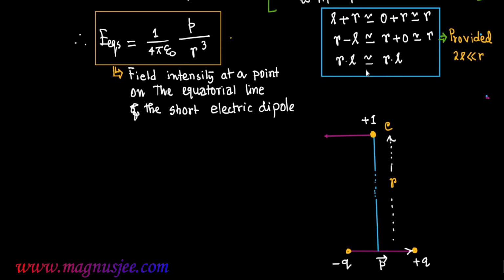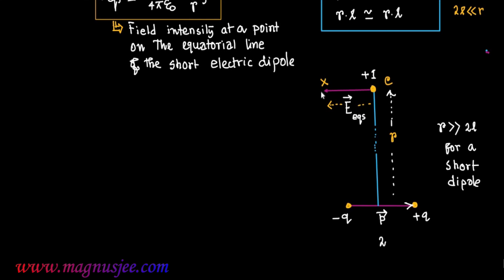Plus 1 charge is placed at the point C, and along Cx, plus 1 charge experiences an electrostatic force, vector E equatorial. Vector E equatorial acts along Cx, that means towards left, and the distance r is much greater than 2l for a short dipole. 2l is the length of the dipole or distance between minus q and plus q charge.